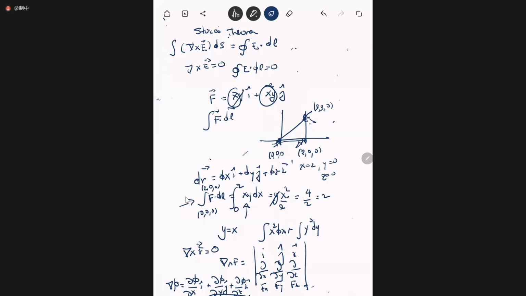Scalar, yes. So when the nabla is applied to a scalar, it gives us a vector. They call this the gradient. And when it is applied to a vector, they call this the divergence.